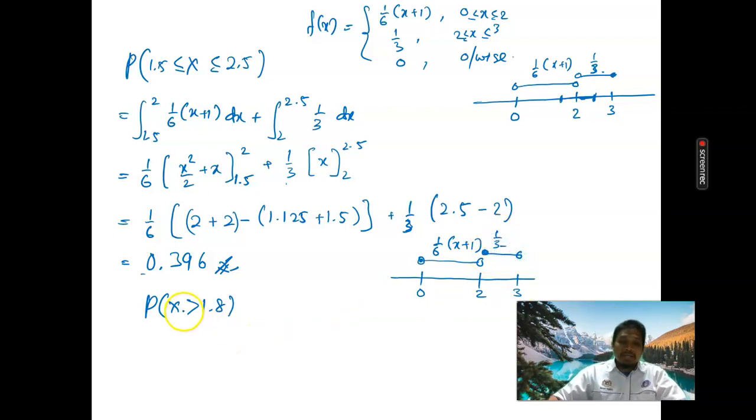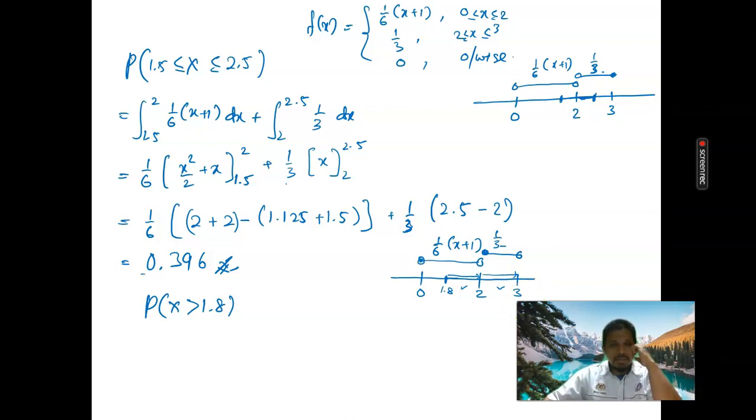X greater than 1.8, and 1.8 is somewhere around here between 0 and 2. So we are going to find the integral of this from 1.8 until 2, plus the integral from 2 until 3, and the integral from 3 to infinity, where the function is 0. So ignore this. We just look at this one here now. If we integrate these, we will get the answer.